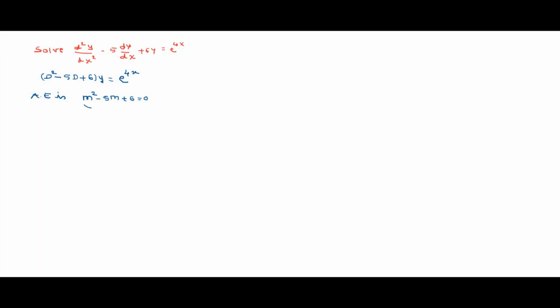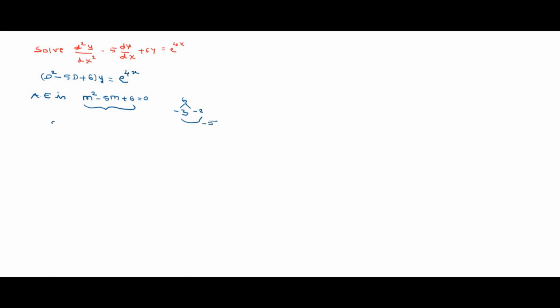So this is a quadratic equation. If we simplify it, you will get two values for m. Find the two factors for 6: minus 3 into minus 2 is plus 6, and minus 3 minus 2 is equal to minus 5.